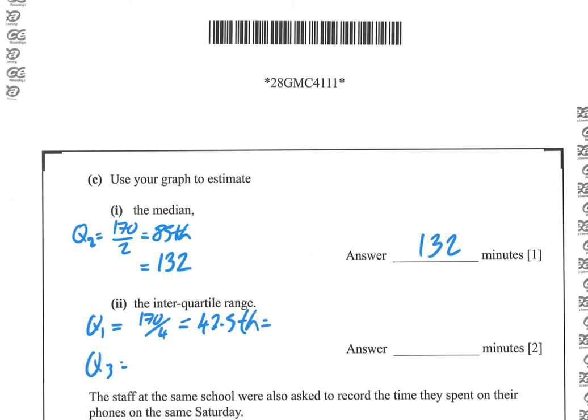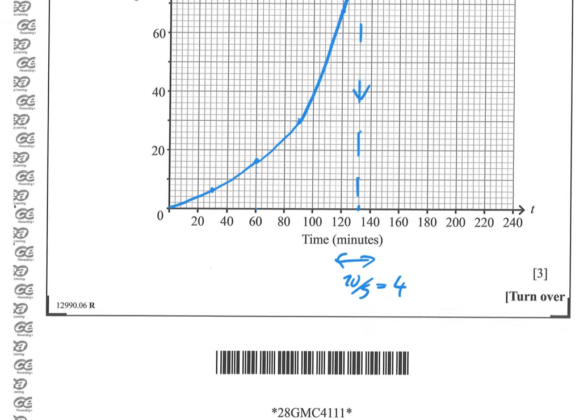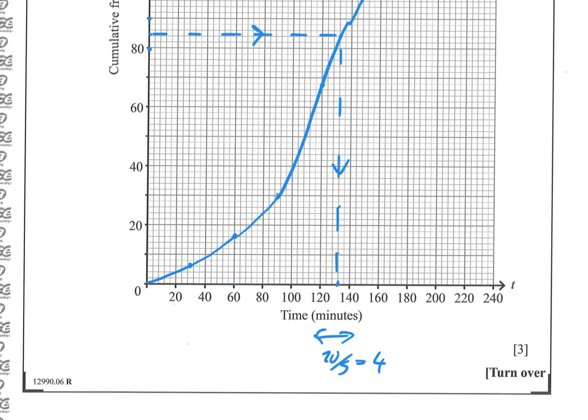For your upper quartile, it's 3 times the 42.5, so just times that by 3. That's going to be the 127.5 value. We've got to use your graph to find those things and then take it away from each other. So it's a fair bit of work for just two marks here. So we'll do the lower quartile one first.